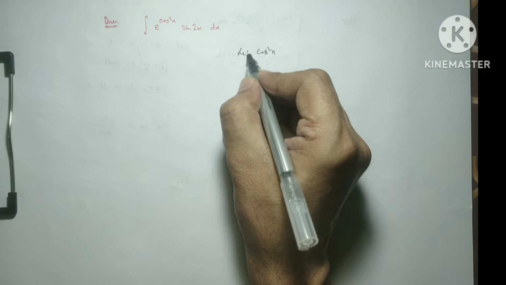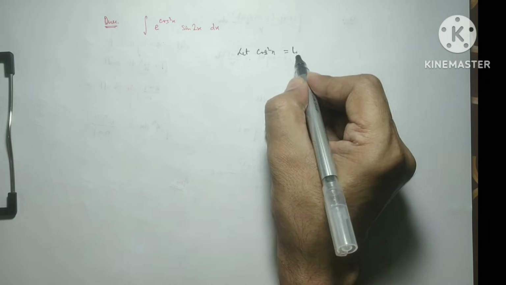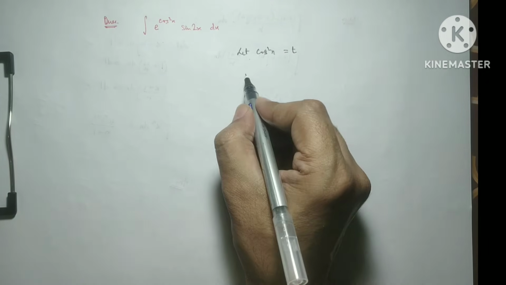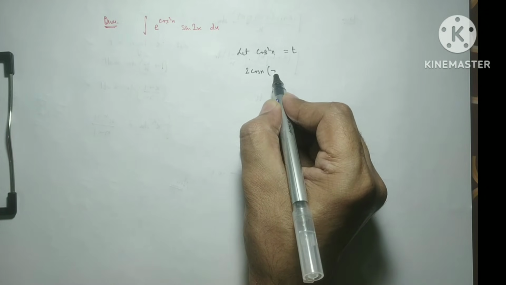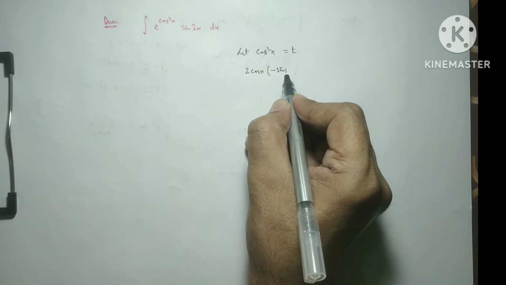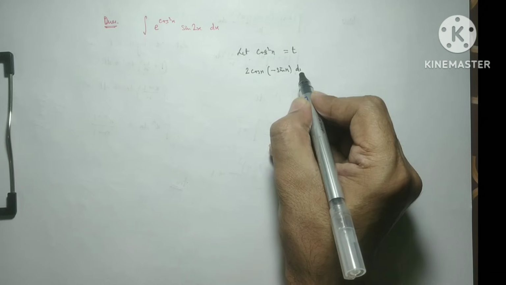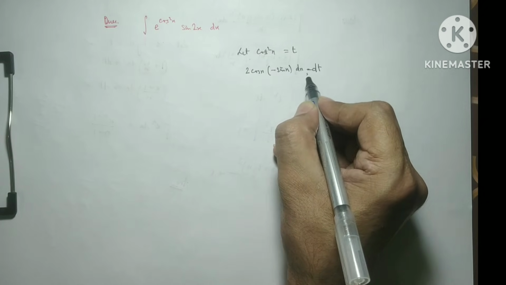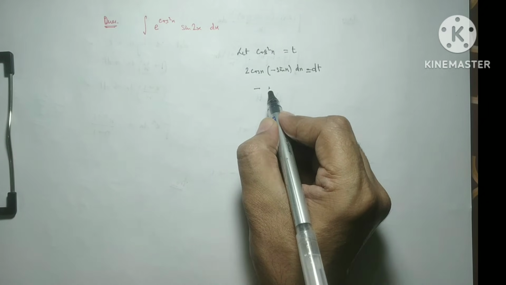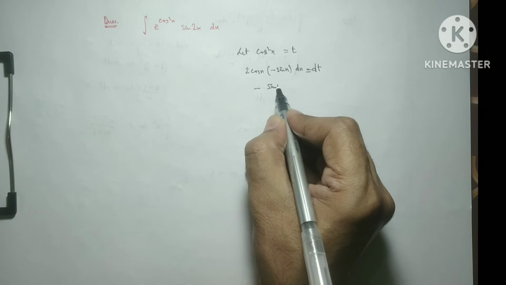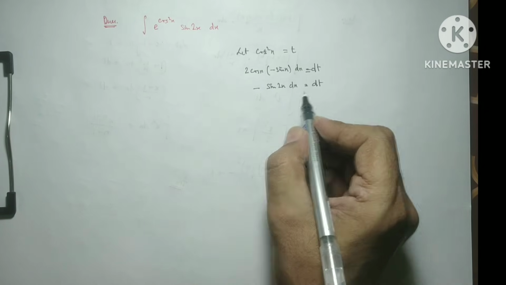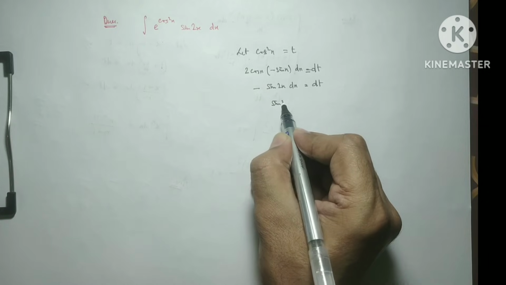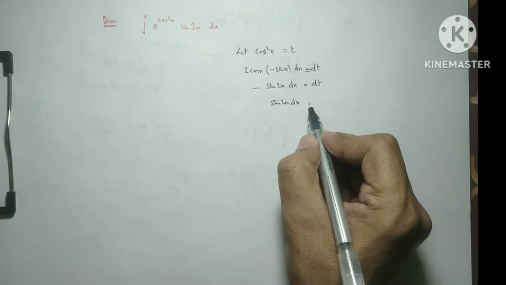So let cos square x is t. So on differentiation we get 2 cos x, and the differentiation of cos x is minus sin x dx, and it is dt. Now it becomes minus sin 2x dx is dt, or you can say sin 2x dx is minus dt.